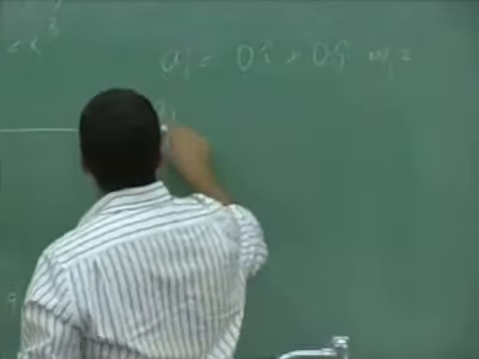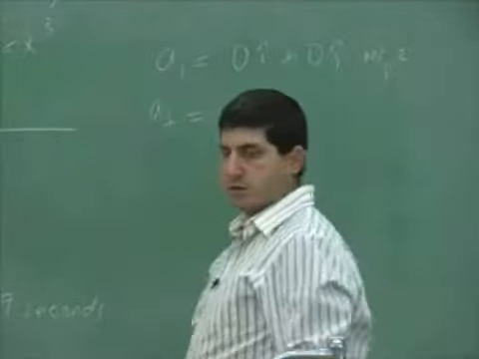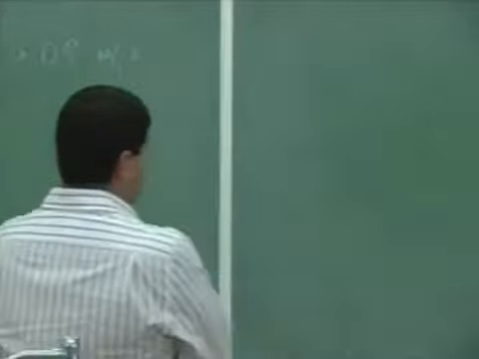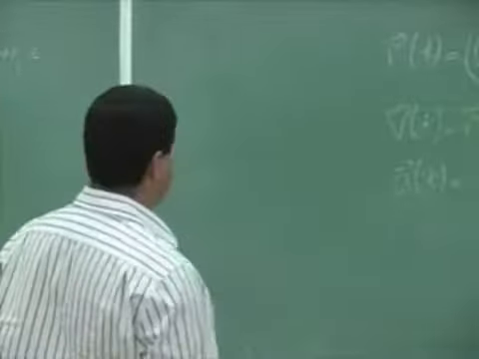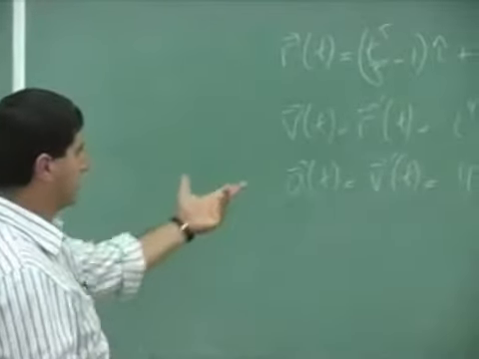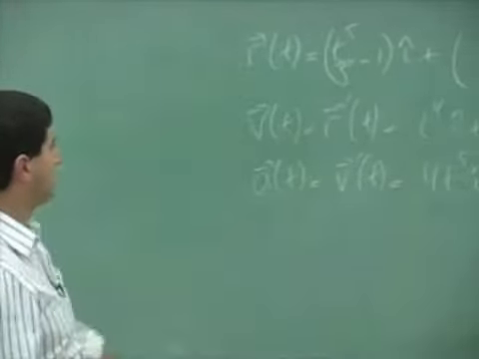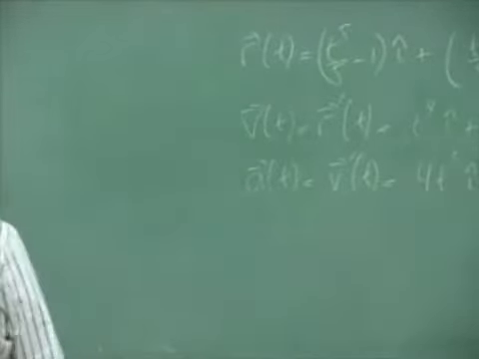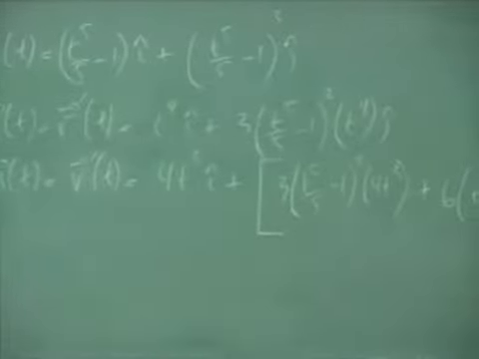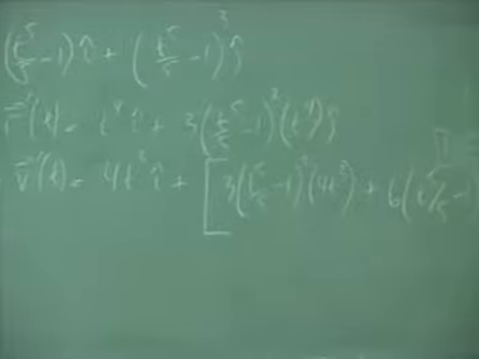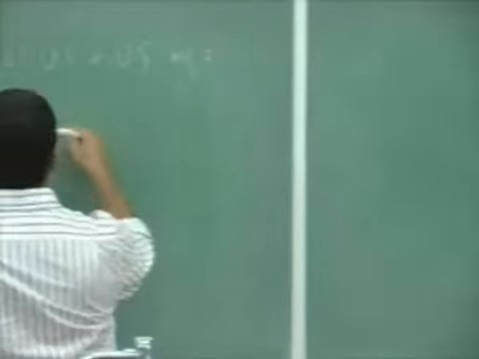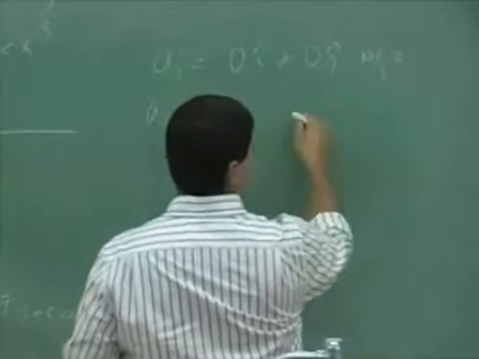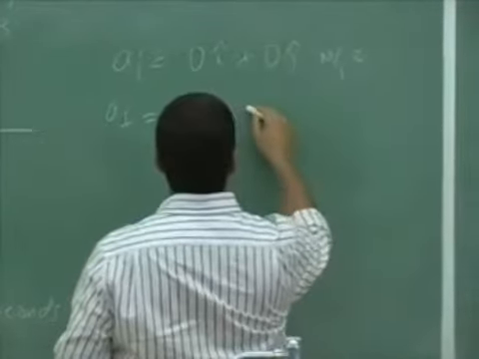The final acceleration is, again, going to be messy, but you put 1.719 into that equation. You get a certain number i hat plus a certain number j hat.